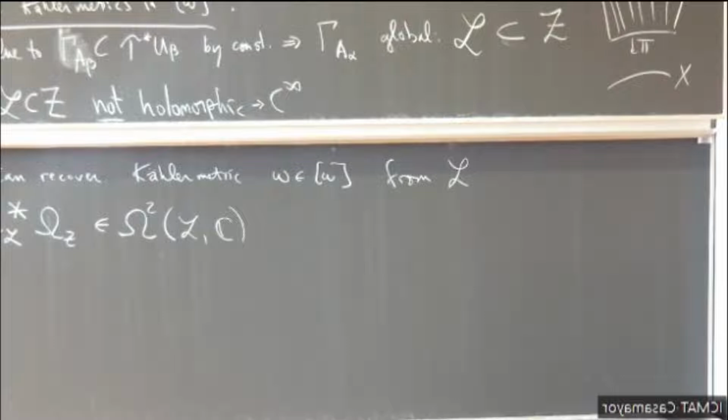Okay, why? Well, what happens if I take this holomorphic symplectic form and I pull it back to this real submanifold? Locally speaking, this holomorphic symplectic form is just the canonical symplectic form on the cotangent bundle. And I'm taking that canonical symplectic form and restricting it to the graph of a one form.